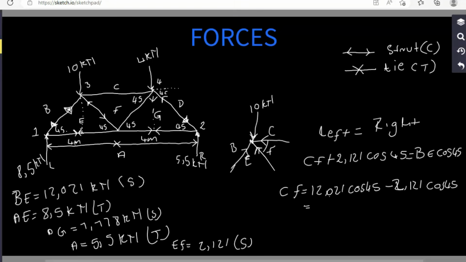And this will give us our CF as 7 kilonewtons. And it is positive, therefore the direction is correct. So we come here and put the direction, mirror it. It gives us a what? A strut. We're going to say it's S.